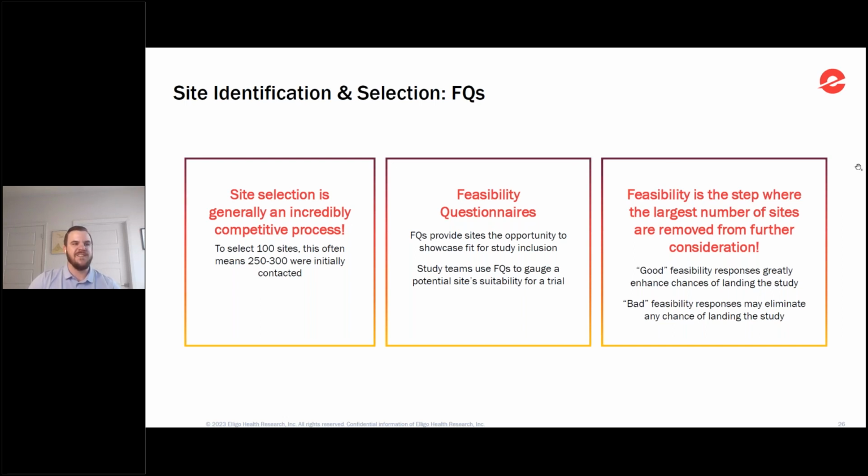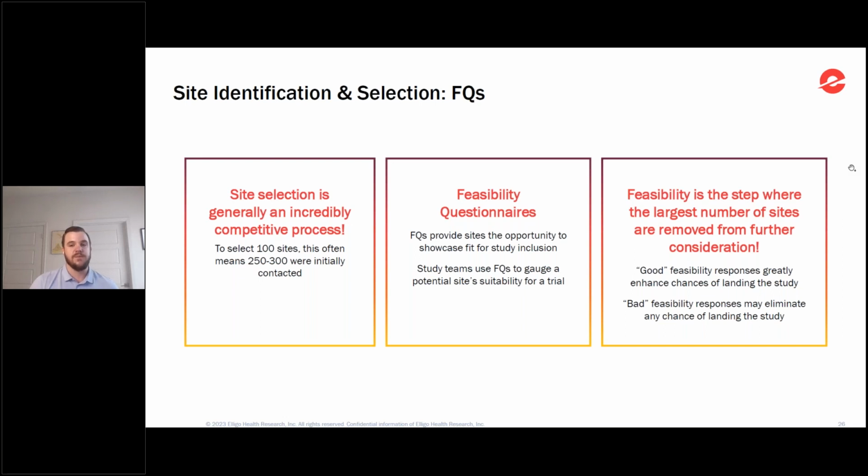But if you think about it from a site's perspective, an FQ, a feasibility questionnaire, provides site the opportunity to showcase fit for selection for a study, right? It's really a site's application for, hey, we're very interested in this study and we think that we could be a top contributor from an enrollment standpoint.